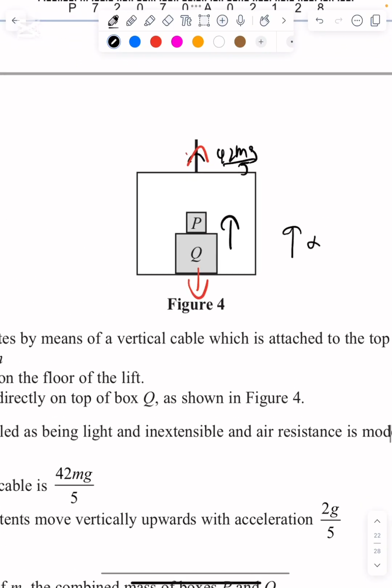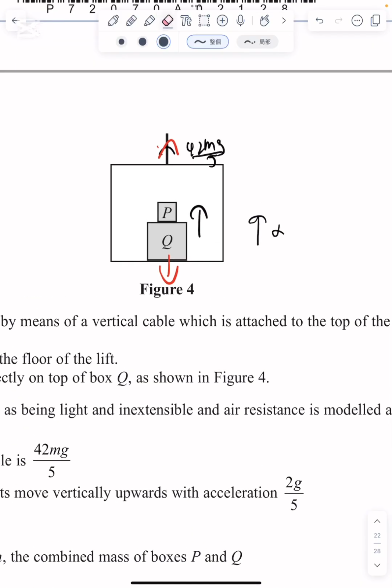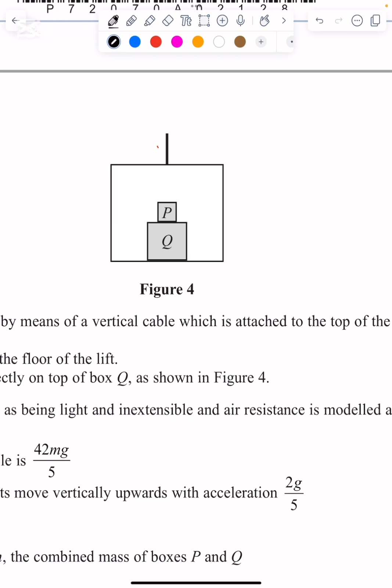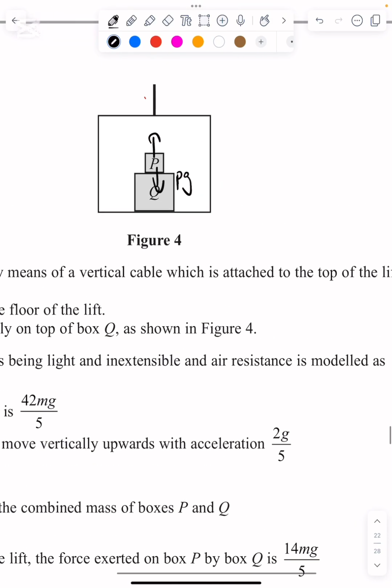Let's consider only the forces on box P. So box P has a force upwards and a force downwards. The force downwards is Pg, which is the weight, and the force upwards is 14mg over 5.